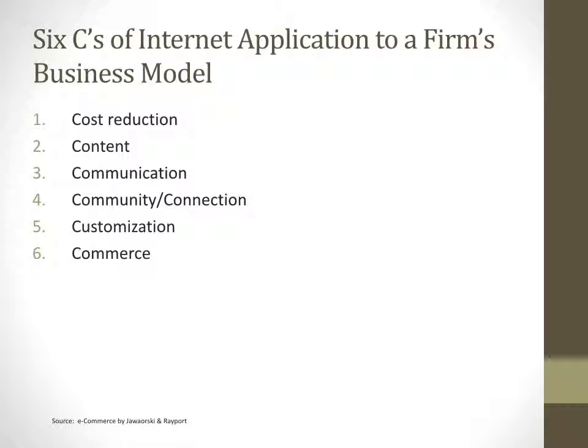They can communicate directly with customers. This communication allows customers to communicate with one another, to connect with one another and create communities. The individual interaction between the business and individual customers allows for customization, and at the end of the day, it allows for commerce.